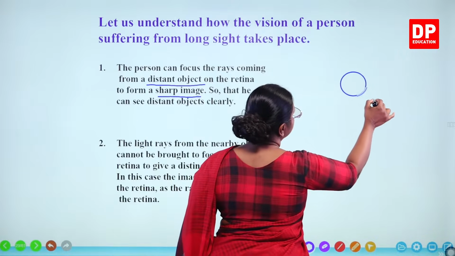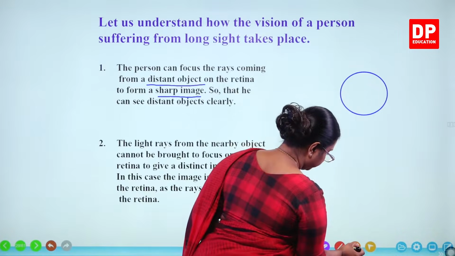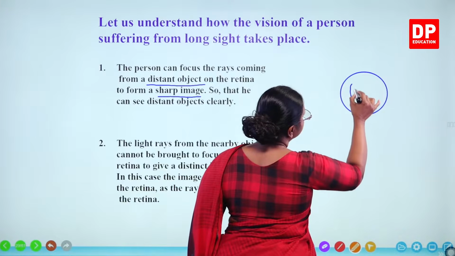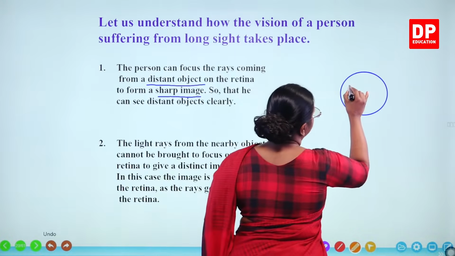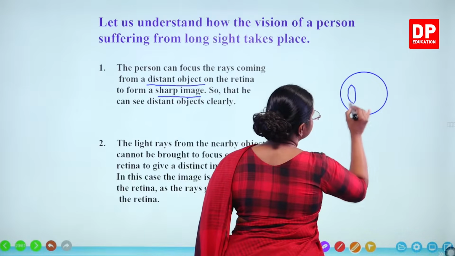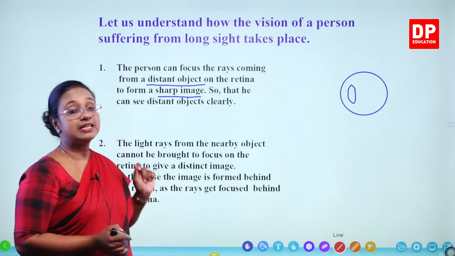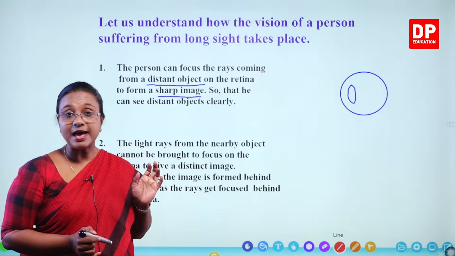So, here we have the eye and we have the lens there. So, as you all know, when we say it is a distant object or a far object, what type of rays come from that?